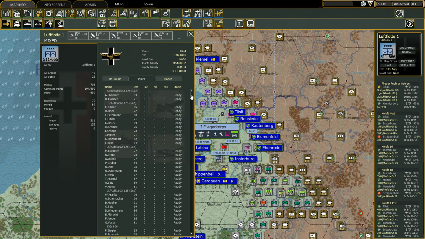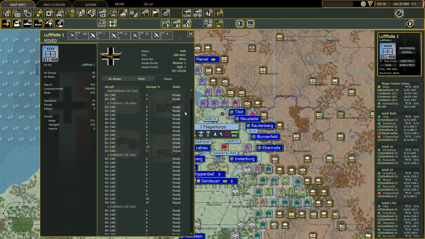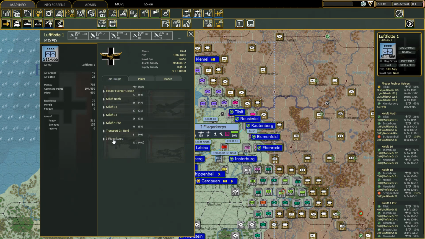Pilots lists all the pilots that are assigned to each air group, and on planes you see exactly the very same thing. Planes, and you see also which plane is damaged and is of course under repair, so it cannot be used for the air missions.